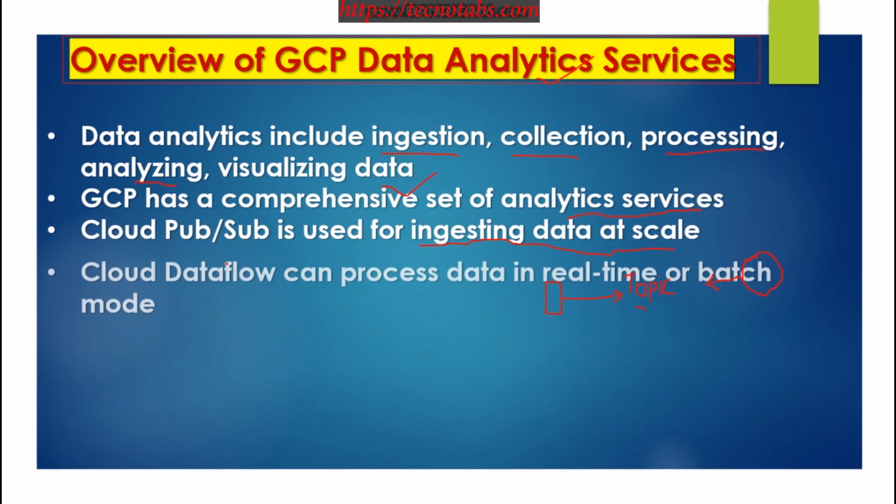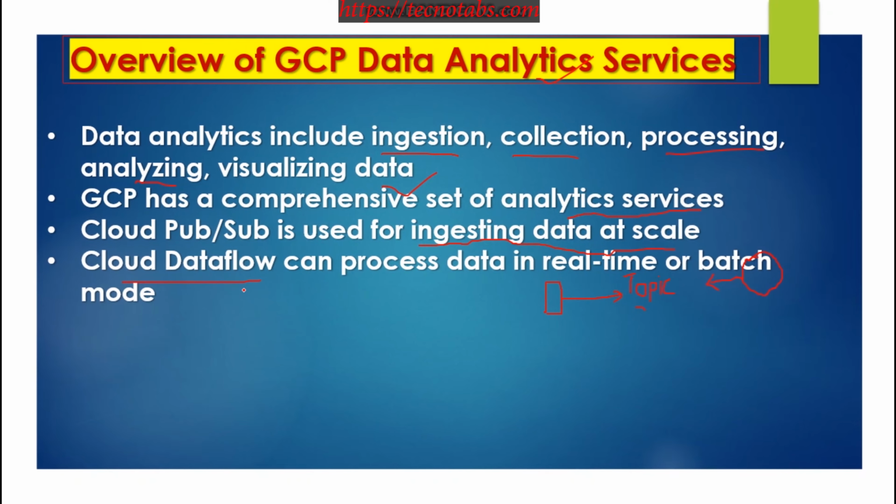The next is Cloud Dataflow, which can be used for processing data in real time or batch mode. Sometimes you have a requirement for processing the data in real time. For example, Netflix performs analytics in real time on what you are watching, and based on that it gives you a recommendation for the next show you can watch.